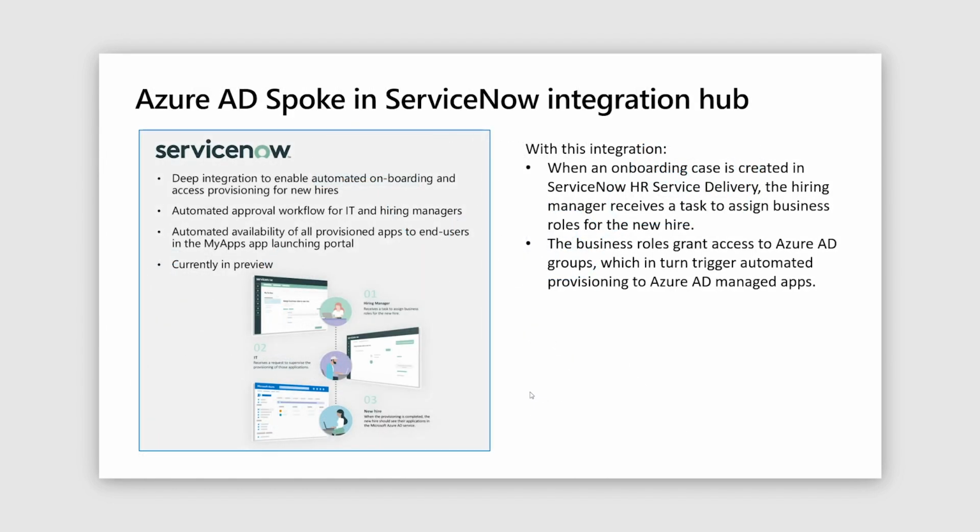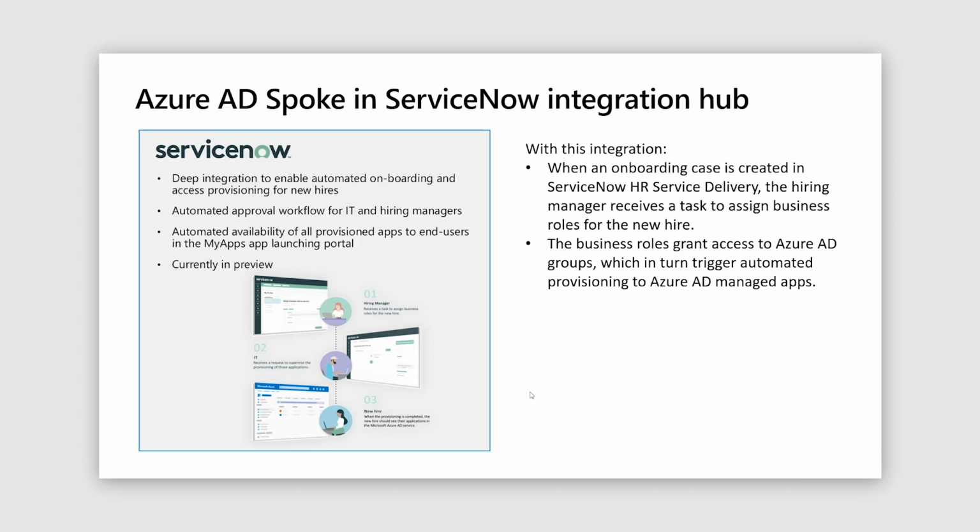We are also trying to push the envelope in terms of partnering with companies like ServiceNow to deepen the integration to enable automated onboarding and access provisioning for new hires. Specifically, this integration is useful for those companies that are using ServiceNow to define business roles.